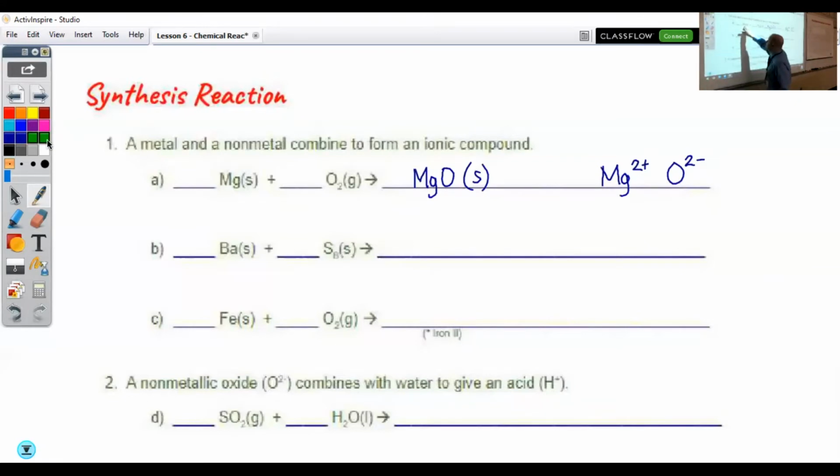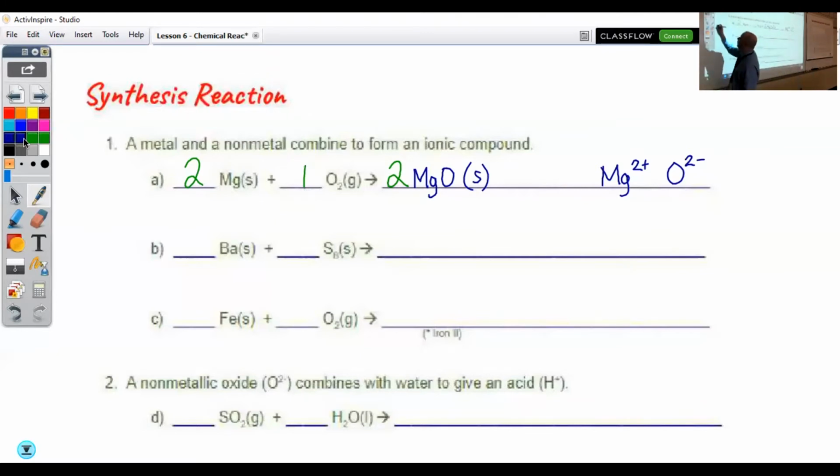Notice we have 1 magnesium, 2 oxygens. So I have to add a coefficient of 2 in front of my magnesium oxide, which means I have to go back now and add a 2 in front of my magnesium. So I wind up with coefficients of 2, 1, and 2 again.